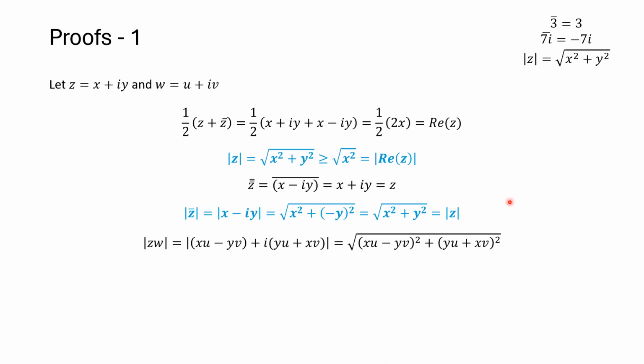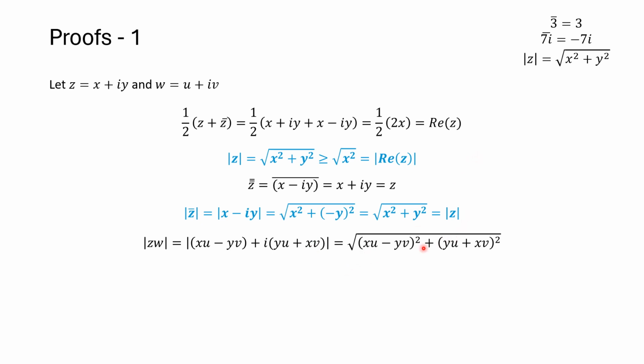The modulus of z times w, we need to use the rule for the product. It's basically x times u, and then iy times iv, which gives you the minus yv, and then iy times u, this term here, and then x times iv, it's this term.